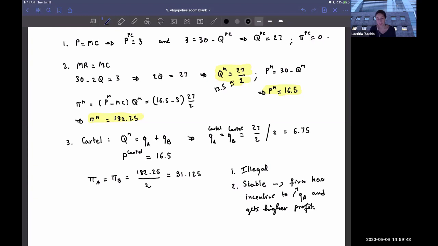Why? Because antitrust laws are laws in the United States, and they also exist in Europe, but they don't exist in the rest of the world. So different countries can coordinate to set their production level not too high, and this drives the price of gasoline up. So they can coordinate to restrict production and to end up with high profit.